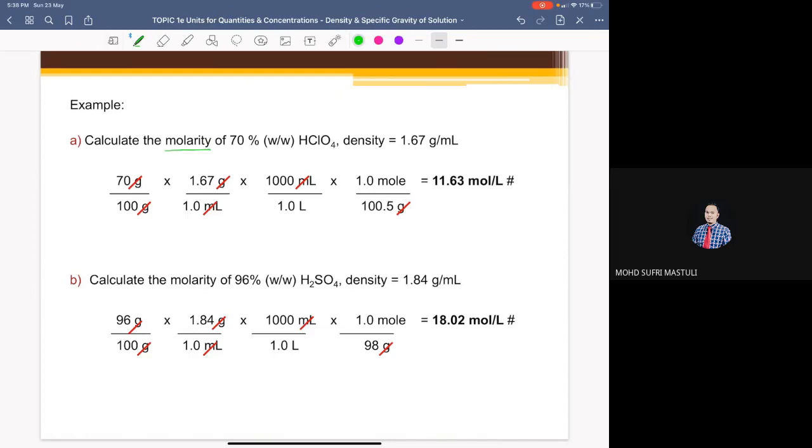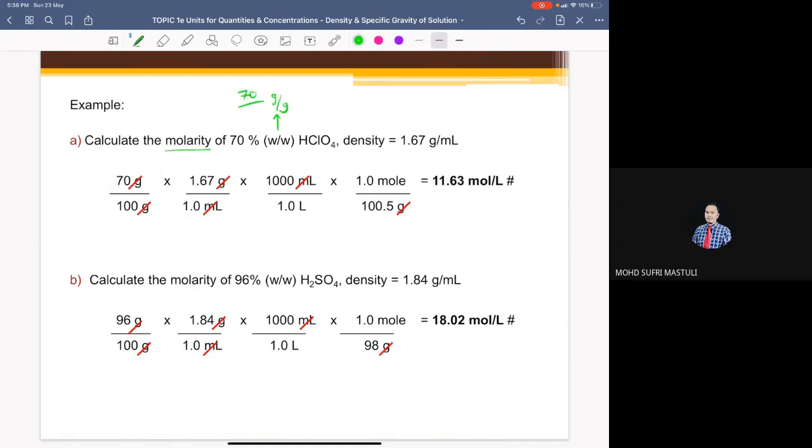So 70 gram per 100 gram. This is the 70% weight per weight, which is gram per gram.